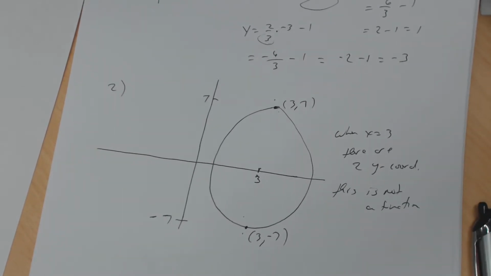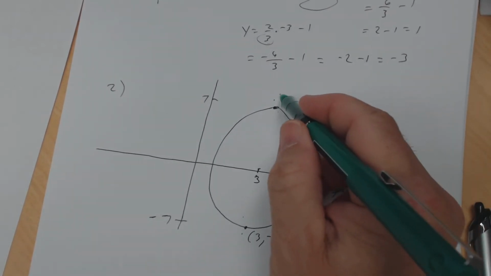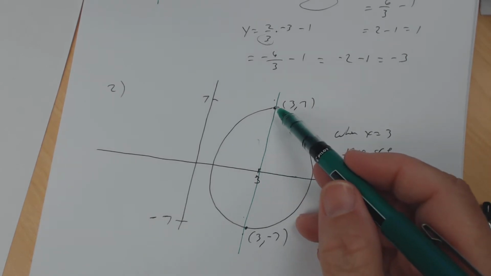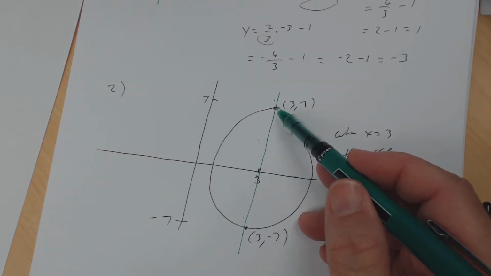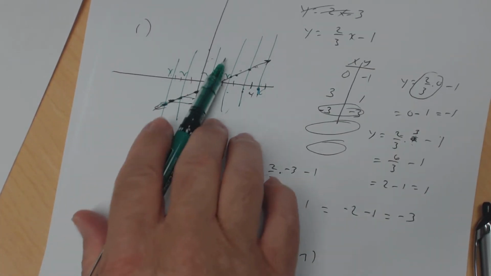Now, I put these there to explain to you the vertical line test. So if I draw a vertical line through 3, notice the vertical line intersects the graph. See how it intersects the graph once here, once everywhere, right?